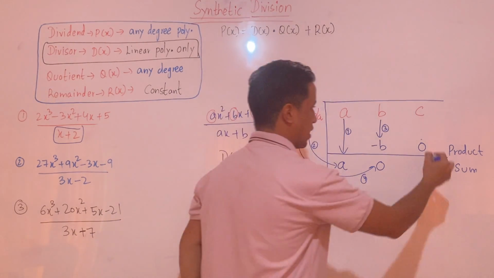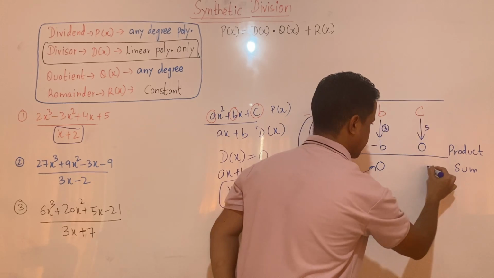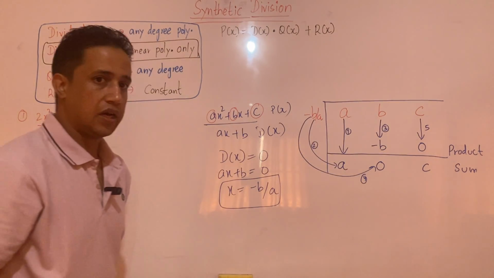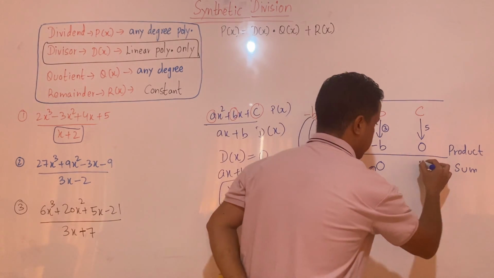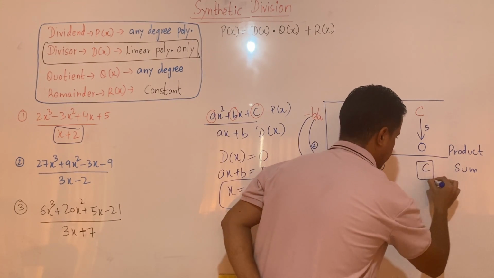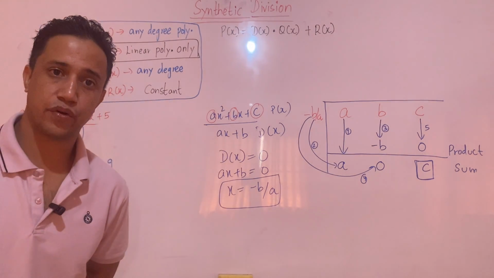And my fifth step would be the plus, which is c. Now you can see here, the last term is c, so c is going to be the remainder.